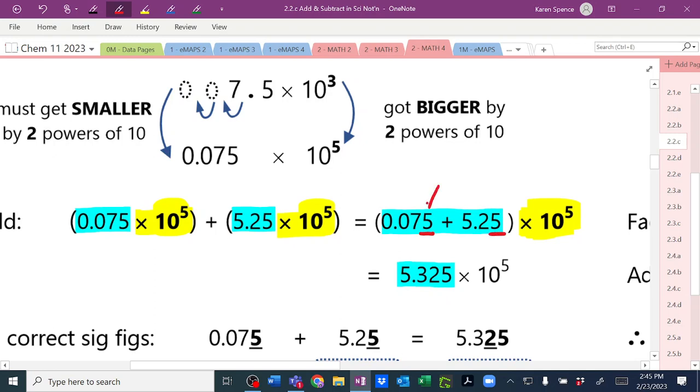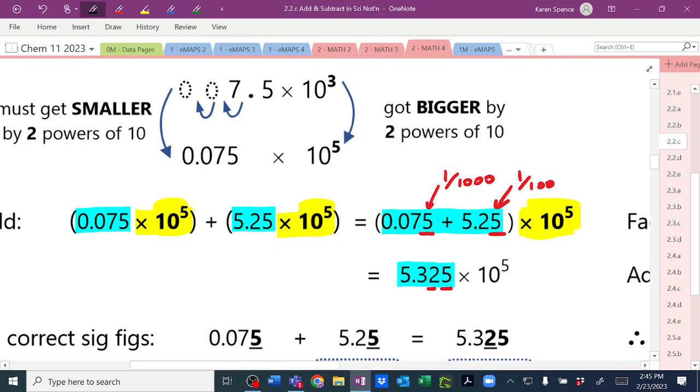So we have uncertainty in the thousandths position, and we have uncertainty in the hundredths position. We're only allowed to have 1 uncertain digit.